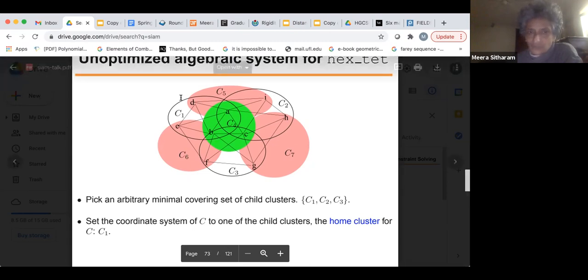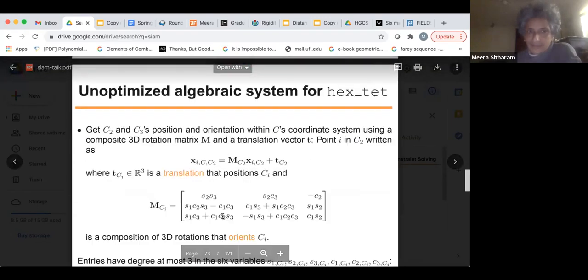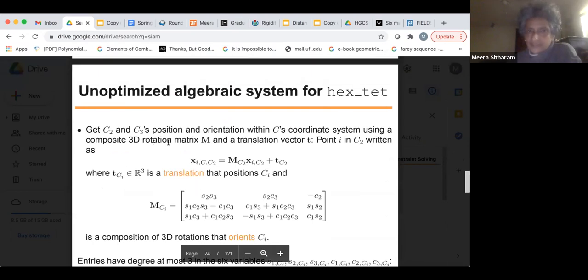C1's coordinate system is now going to be the parent's coordinate system. Then we get C2 and C3's position and orientation within C's coordinate system by using a composite 3D rotation matrix M and a translation vector T.